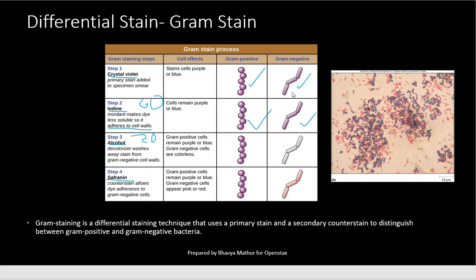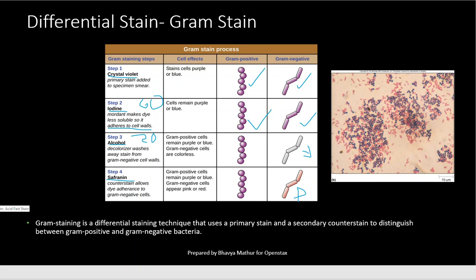They will not take it. This guy who had the crystal violet washed out by the alcohol will take it up and will get a pinkish color. If you look over there, you can see the dark purple. Those are spherical cocci, and then the pink rods are bacilli.